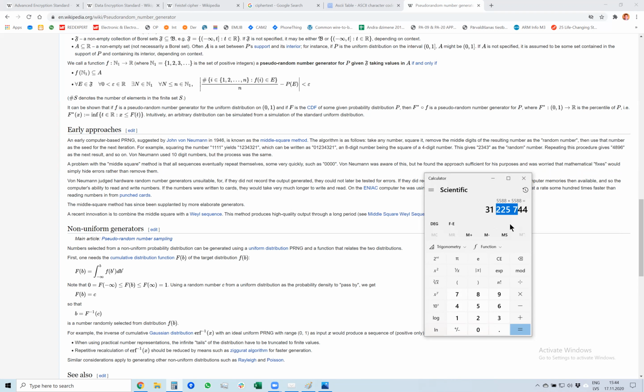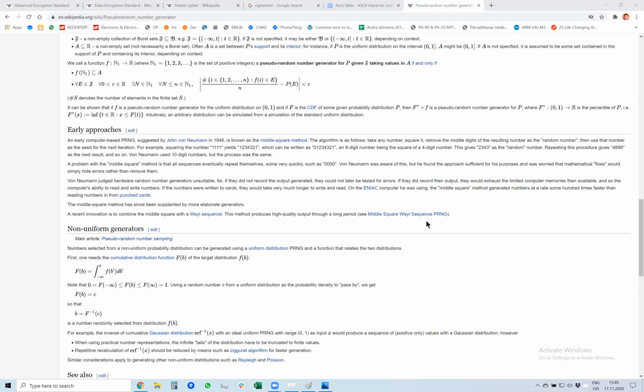And then to get the next chunk of random number, we take 2, 2, 5, 7, square it, and again take the middle 4 digits, and we just repeat it all the time. So if Eve thinks that the initial key, the seed, or the password was, for example, 6699, well, she squares it and she gets a wrong result, and she will get the wrong ciphertext.